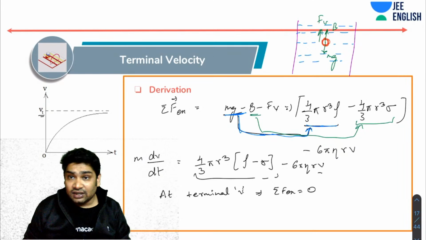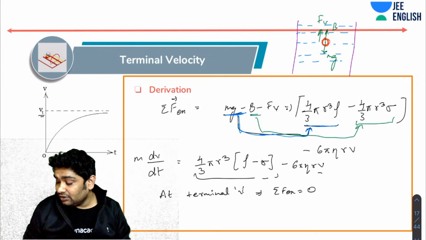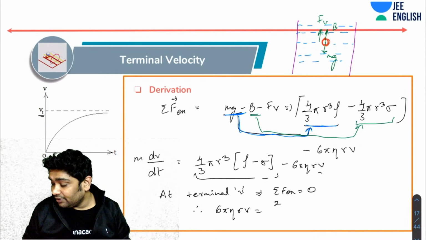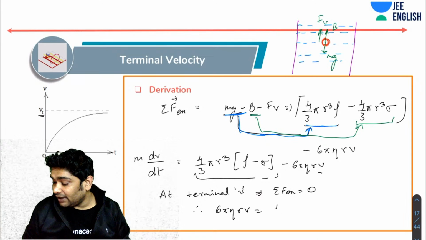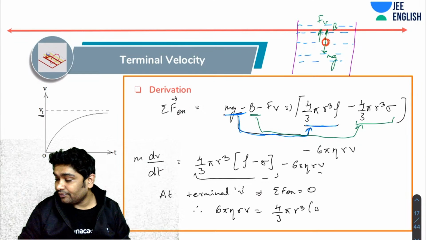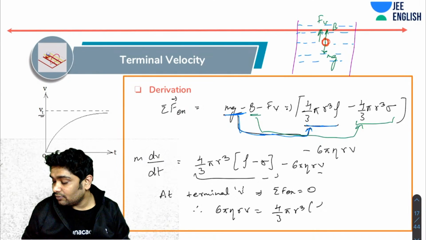Okay, so the summation of external forces is zero, so I can say that therefore 6 pi neta r v would be equal to 4 by 3 pi r cube (rho minus sigma) g.